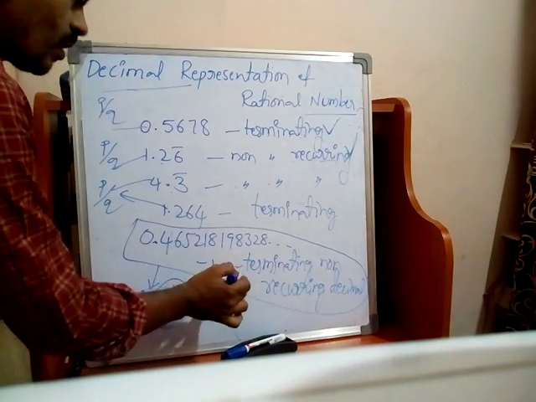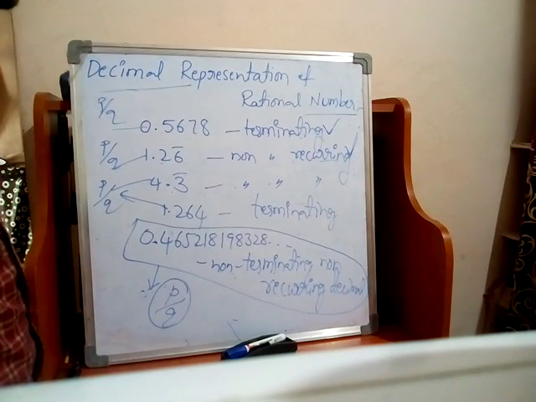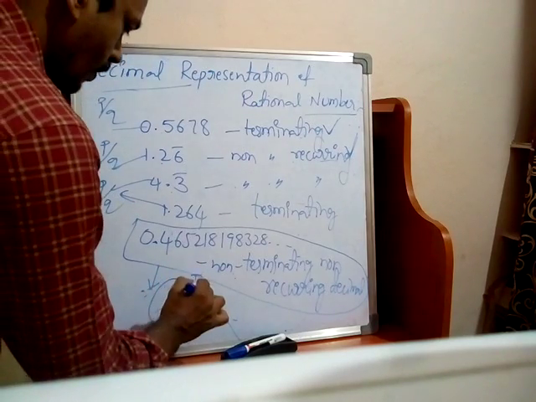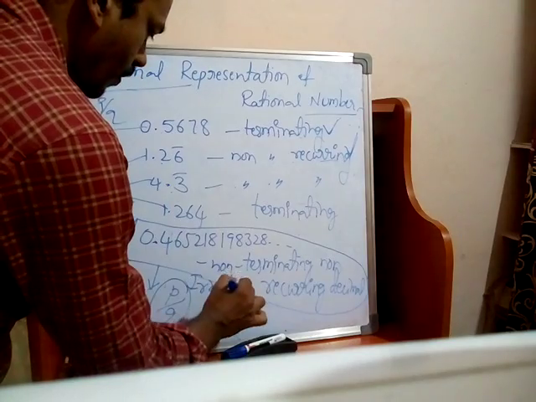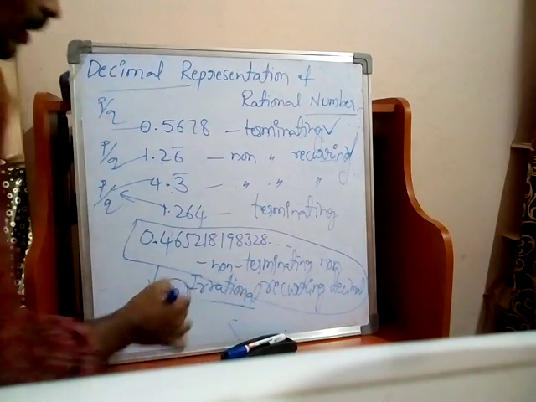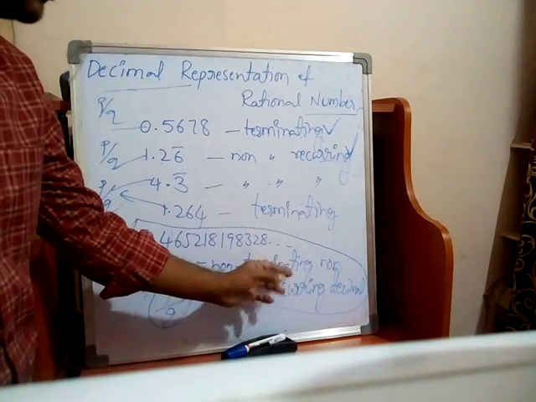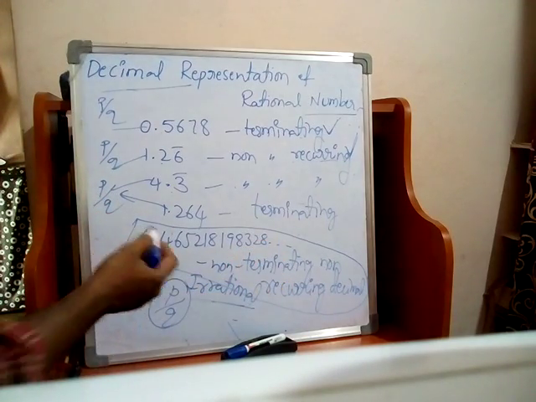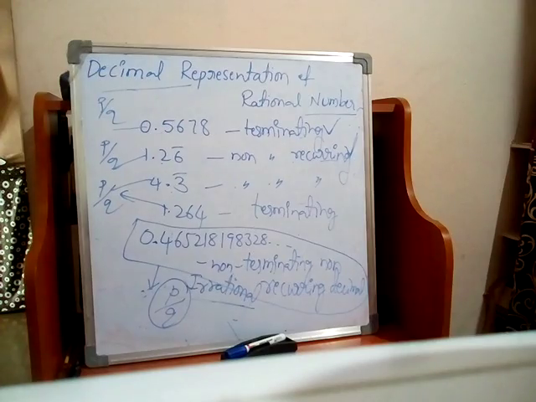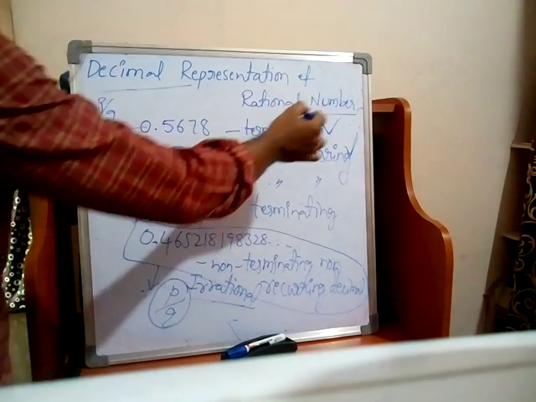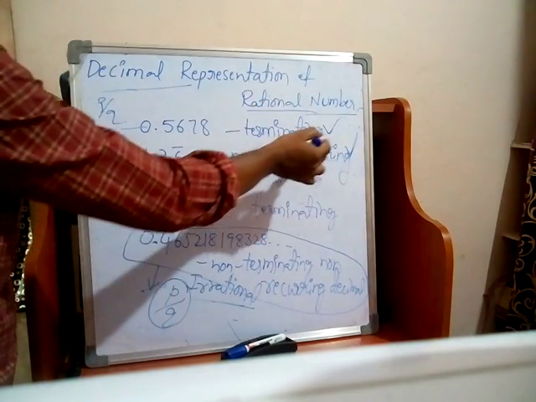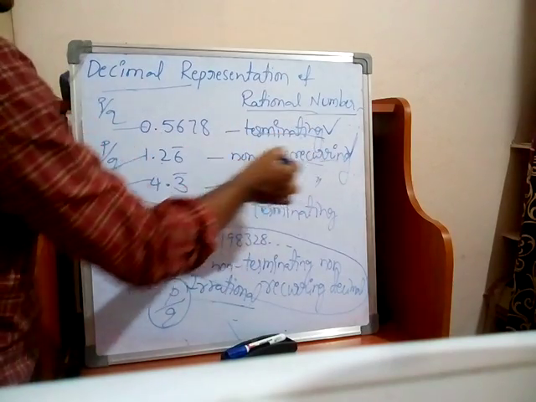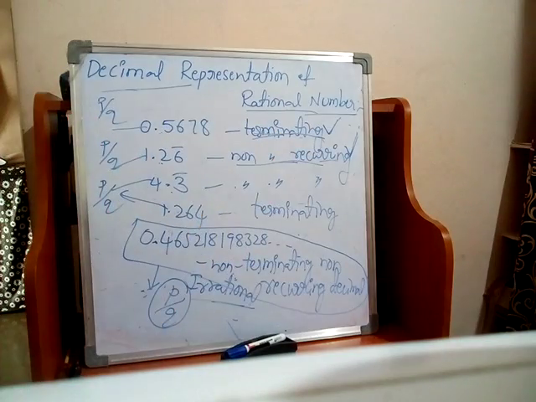So this type of number is called an irrational number. Why? Because these numbers cannot be expressed in the form of p by q. Every rational number can be expressed as a terminating decimal or a non-terminating recurring decimal.